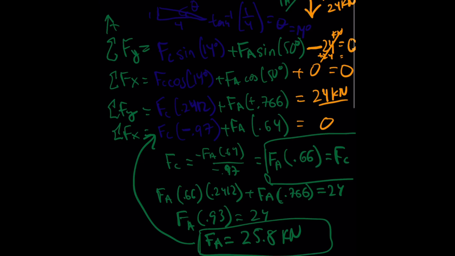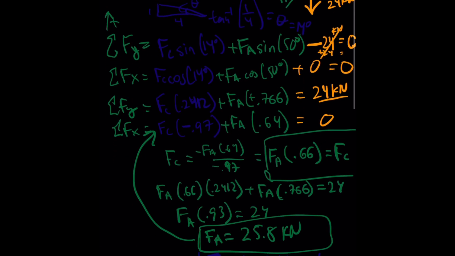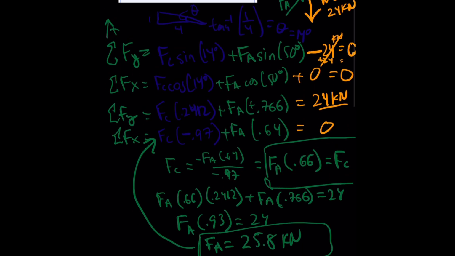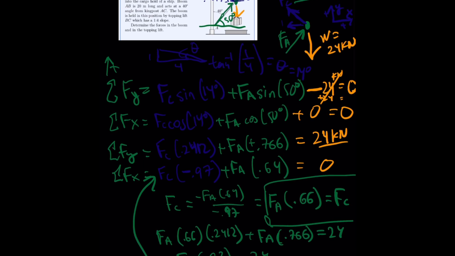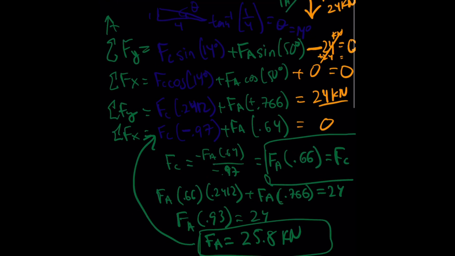But remember that our answer isn't complete because we have to show what direction our forces are acting. Right now we just have the magnitudes, but it's important to find the direction as well.